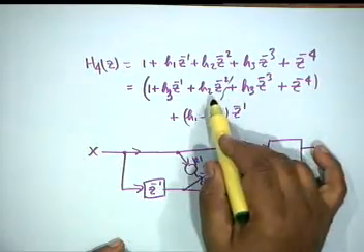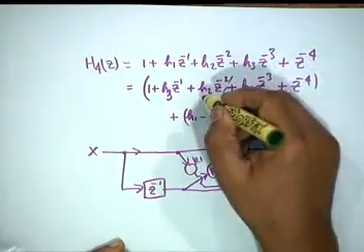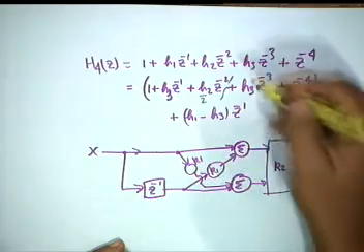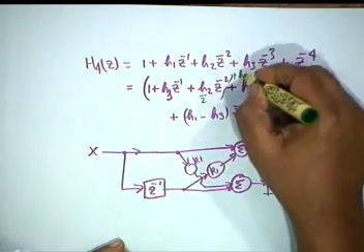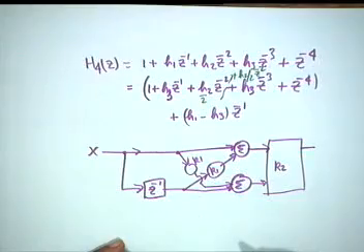This is not the middle term, this is the middle term, but it has to be broken into two parts. That is, you have to write this as H2 by 2 plus here also H2 by 2 Z to the minus 2, right?